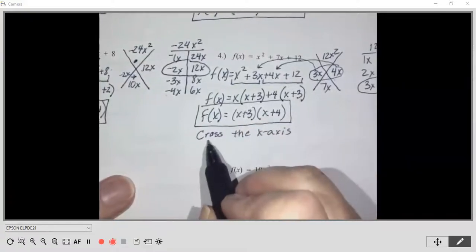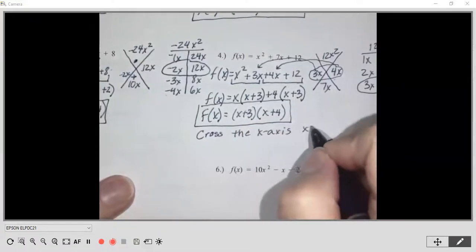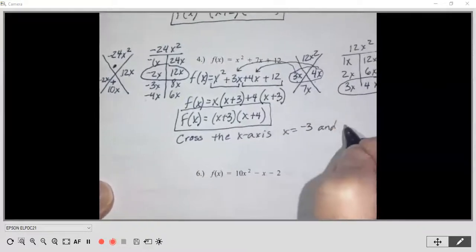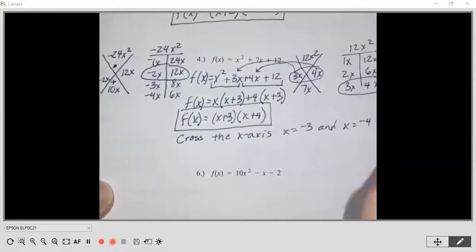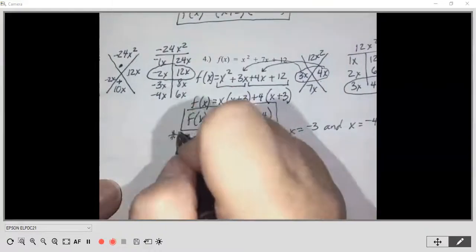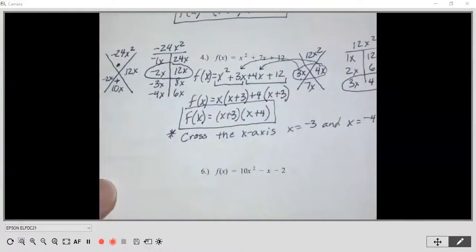So this will cross the x-axis at x equals negative 3 and x equals negative 4. That'll be helpful when we're graphing. So that's just a little note. Put a little asterisk there.